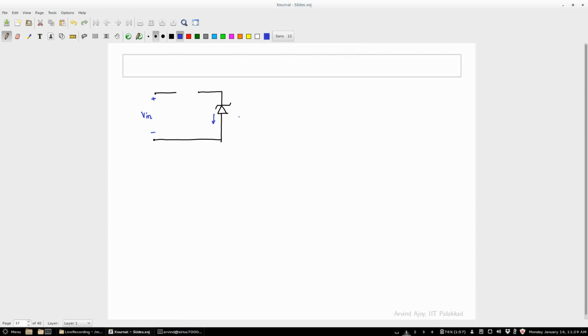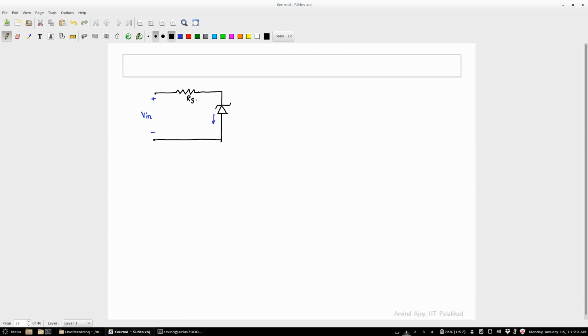So the maximum current that can flow through this device is just IZ max. However, you have drawn it as minus IZ max, so the current that flows through the device, the maximum is going to be IZ max.